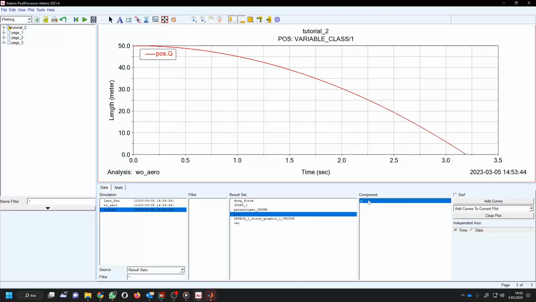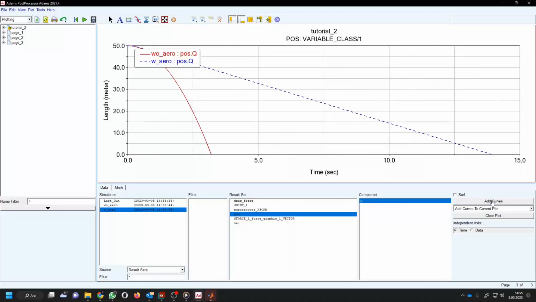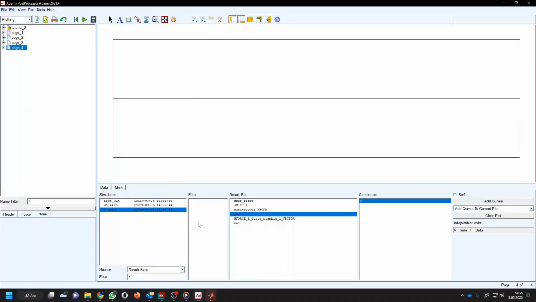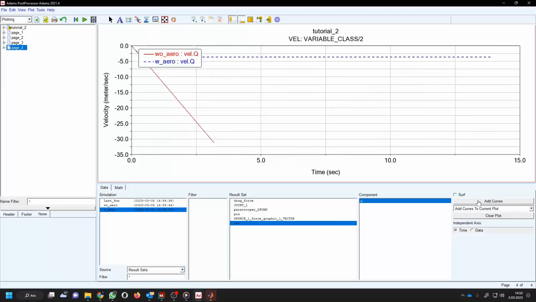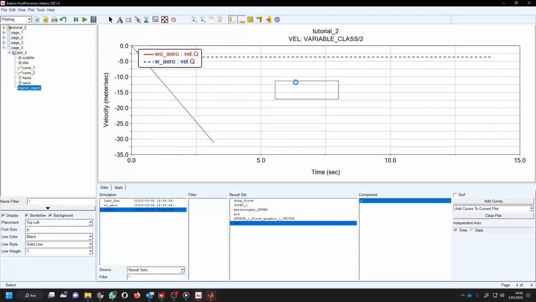Position of the model with my drag force. This is also okay. In this new one I will plot my velocity values without aerodynamic force and with aerodynamic force. Okay.